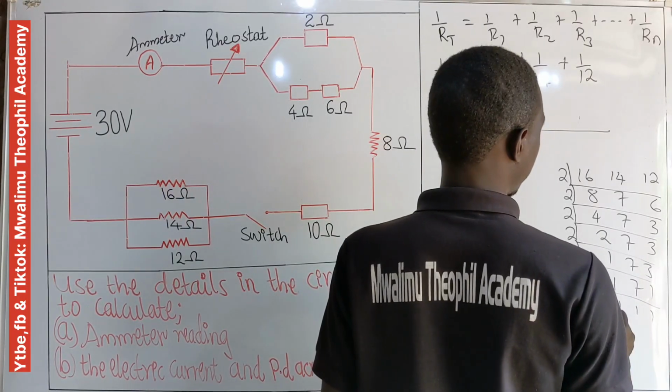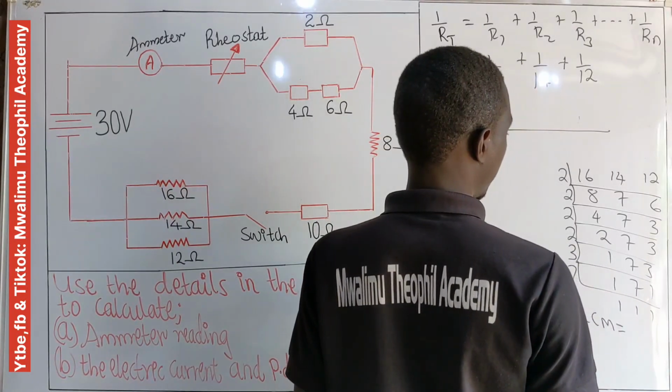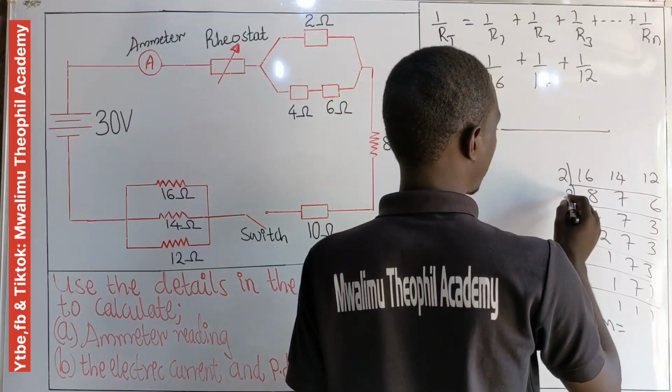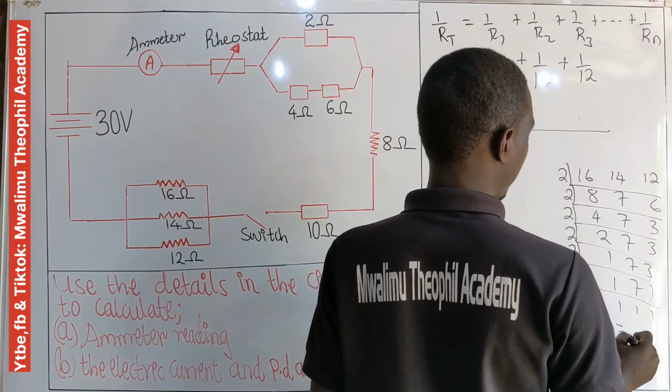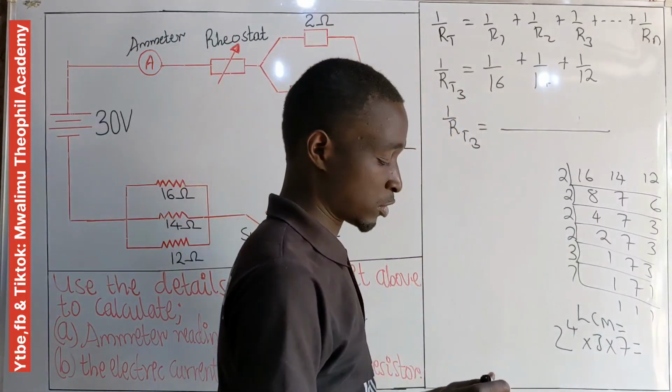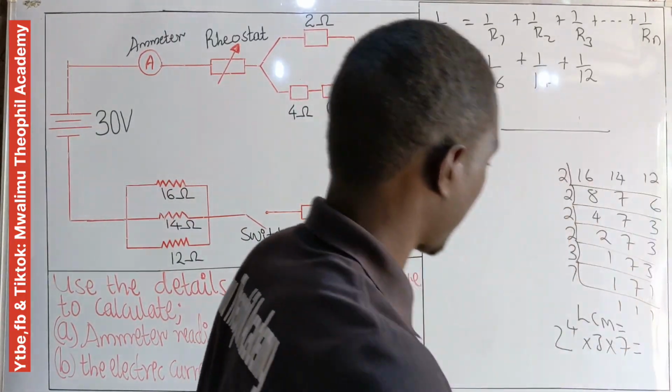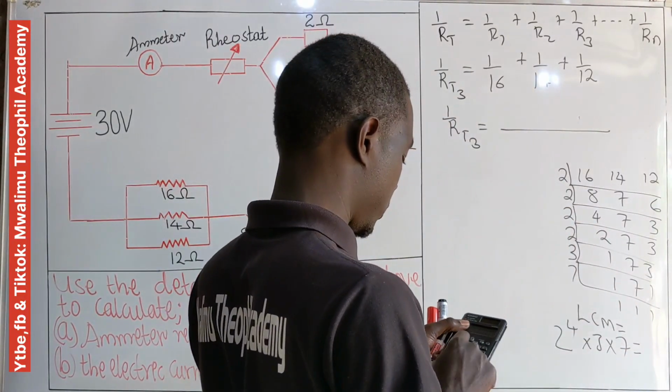Now the LCM will be equal to 2 raised to 4 times 3 times 7, which is equal to, let's compute this.